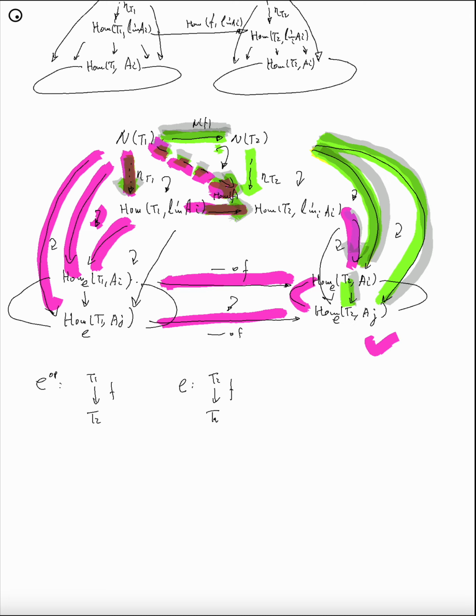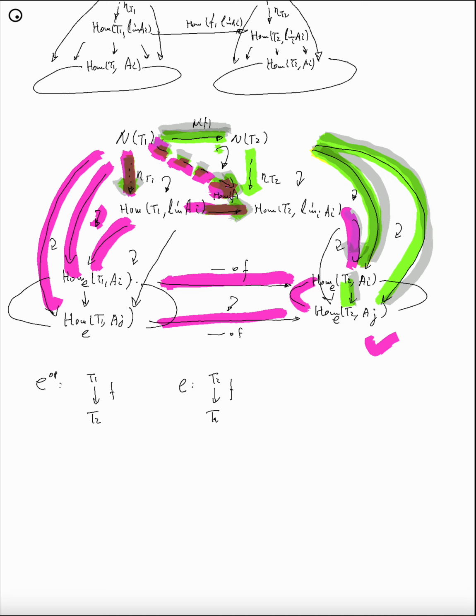They are the unique bars such that their diagrams commute, but they are making different diagrams commute. Why should those two slash arrows be the same?